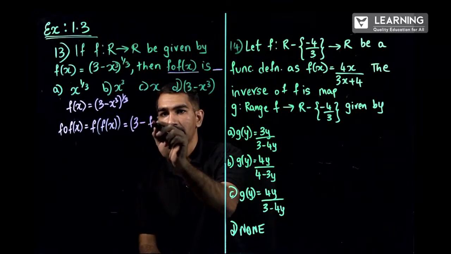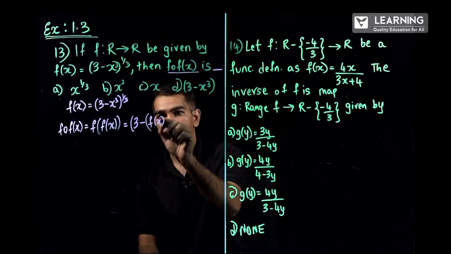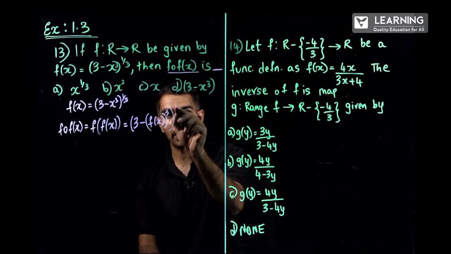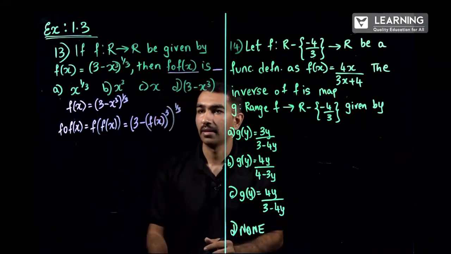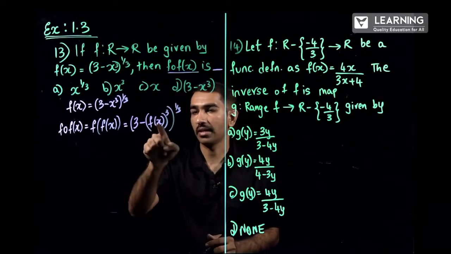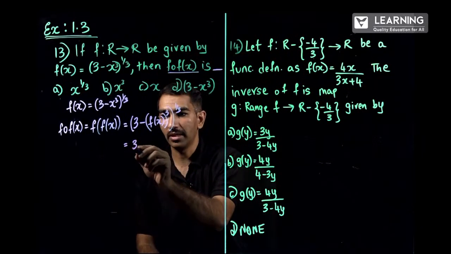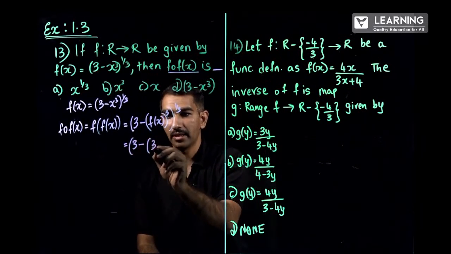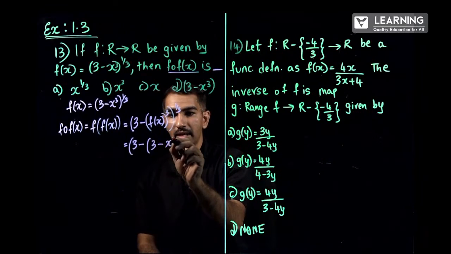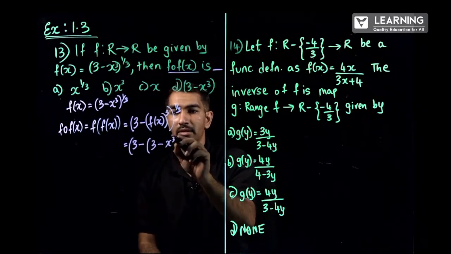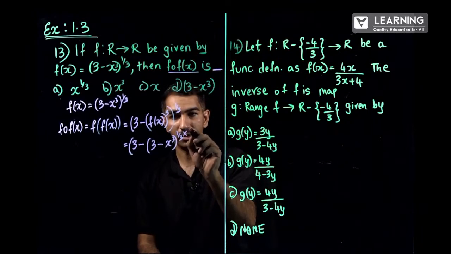F of x, f of x whole to the power of 3, whole to the power of 1 by 3. Now what is f of x? Substitute directly, that's it. So which is equal to 3 minus x cube whole to the power of 1 by 3, into 3.